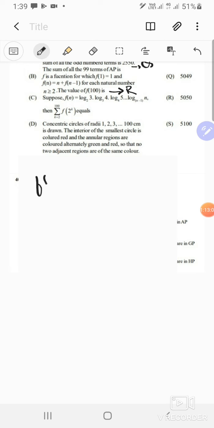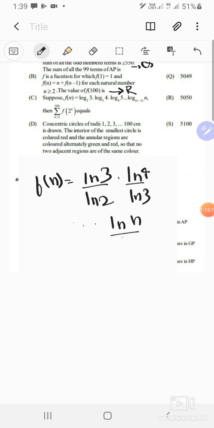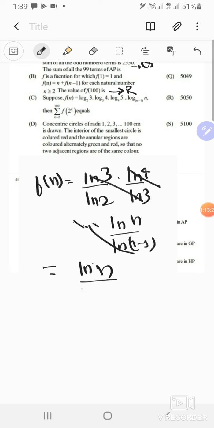So f of n can be written as natural log of 3 upon natural log of 2 into natural log of 4 upon natural log of 3, all the way till natural log of n upon natural log of n minus 1. Guess what? Some stuff cancels out, and then this cancels out as well. So it's going to be natural log of n upon natural log of 2. That is nothing but log base 2 of n.